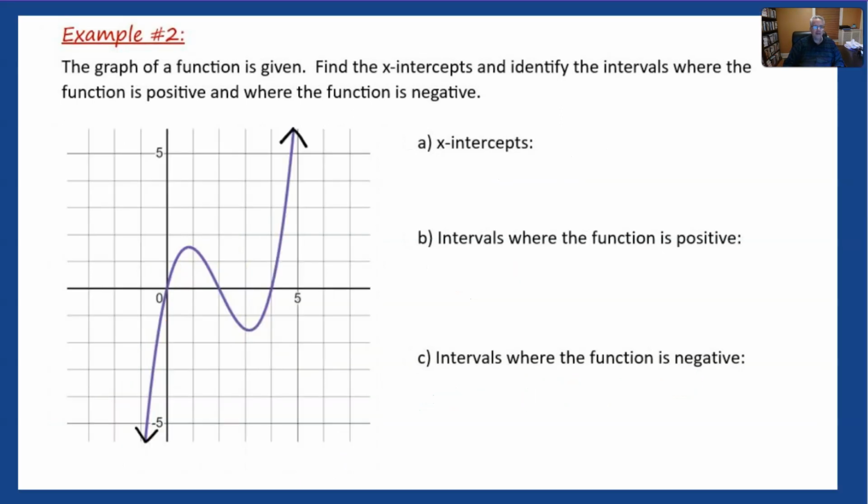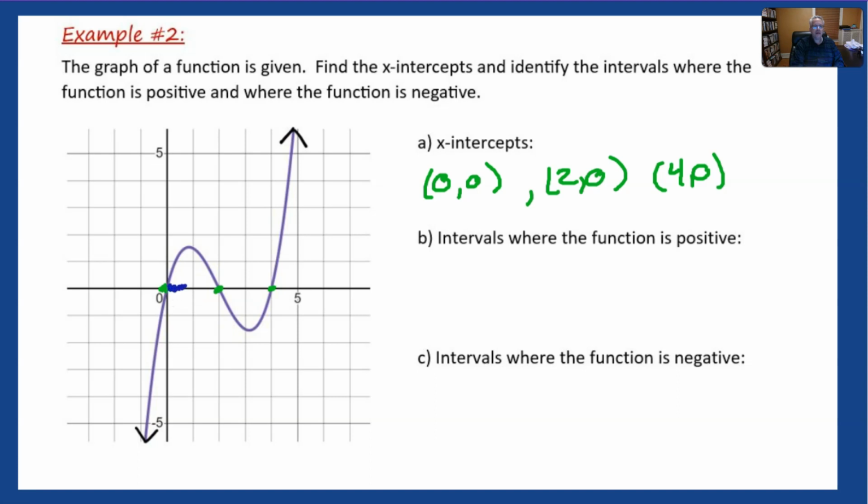So we're going to practice this again a little bit here. It says find the x-intercepts. Well, we have one here, one there, and another intercept there. So I'm going to list them as points. We have (0, 0), (2, 0), and (4, 0). All right, find the intervals where the function is positive. Where is it above the x-axis?